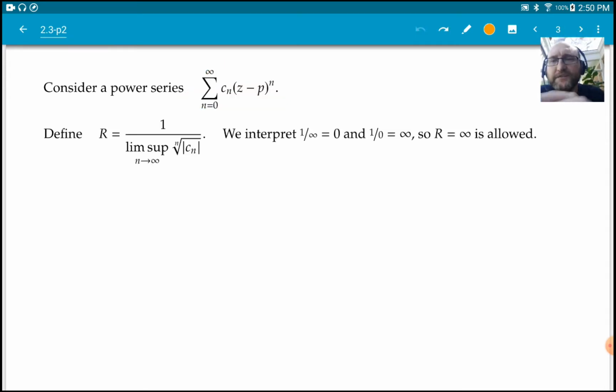Now let's define this number R by this expression over here, 1 over the lim sup of the nth root of the modulus of Cn as n goes to infinity. And here we interpret 1 over infinity as 0 and 1 over 0 as infinity, just so that we don't have to rewrite this thing.